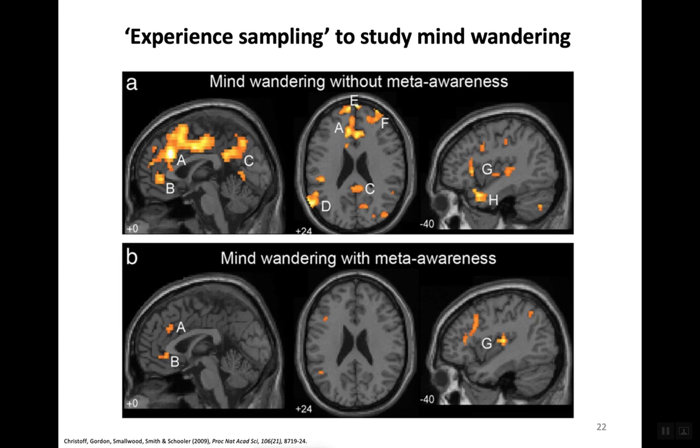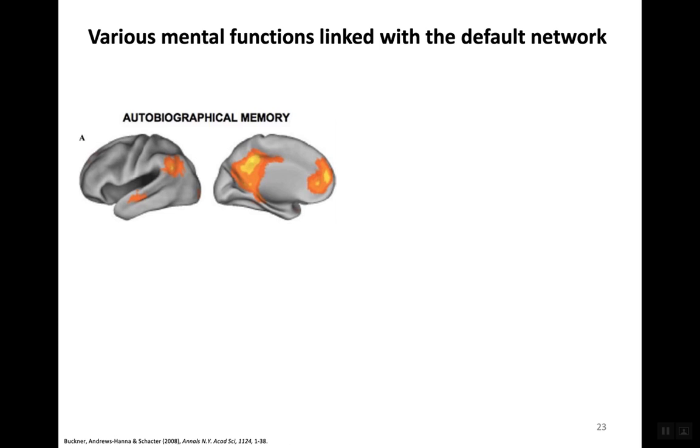Yet, mind wandering is a relatively generic term, so many scientists try to get a better understanding of what type of specific thought processes falling under this generic term would engage the default network. And autobiographical memory is one of those things.